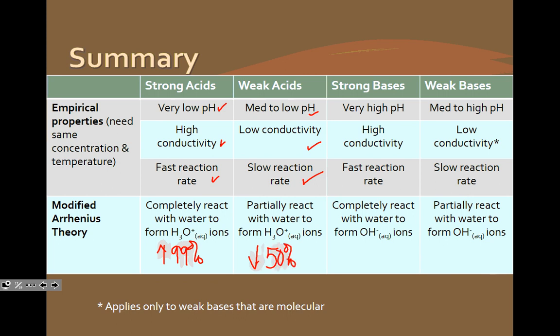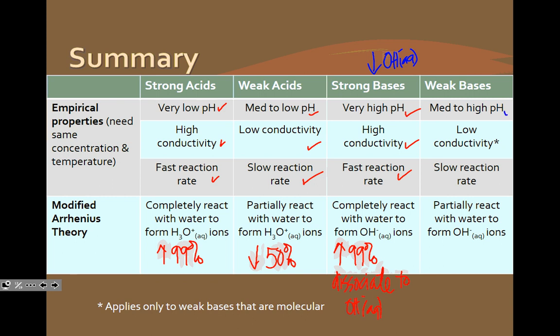With a strong base, very high pH, makes sense. High conductivity, fast reaction rate. More than 99% of the time it's going to dissociate to your hydroxide ions. And another thing you can say here, anything that has the OH in its chemical formula is considered a strong base.